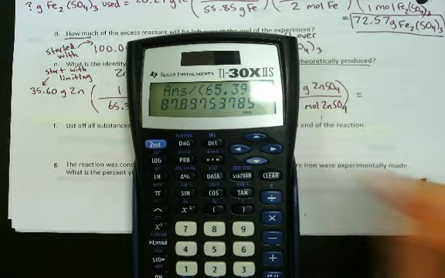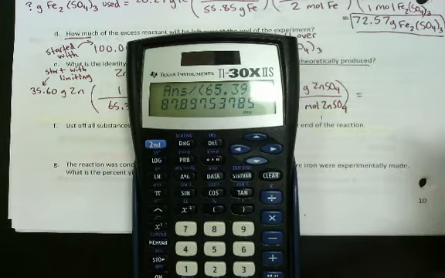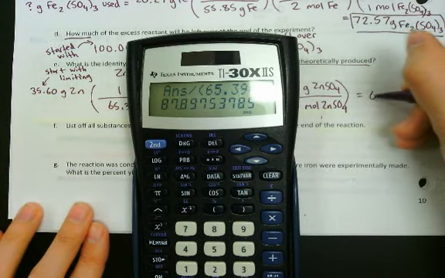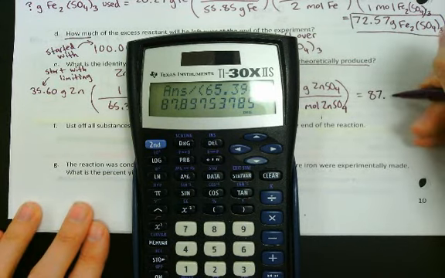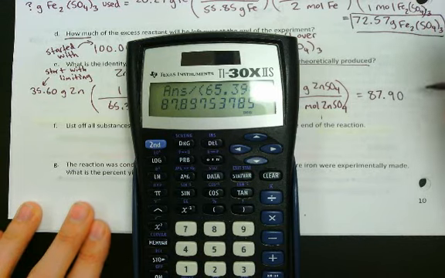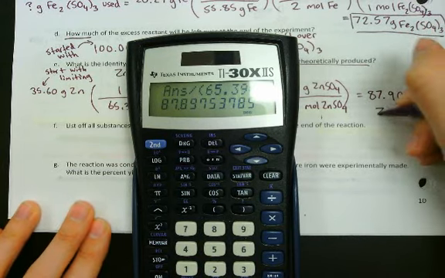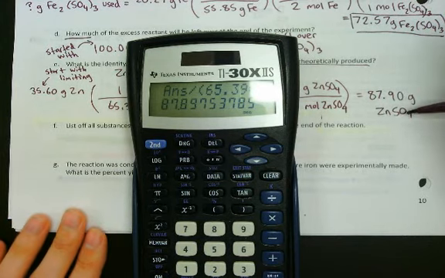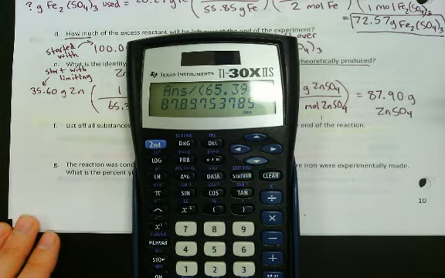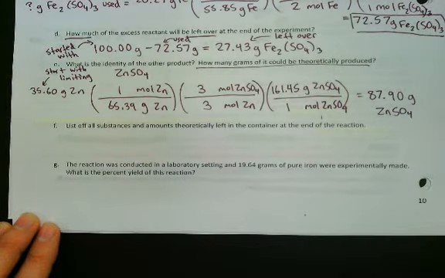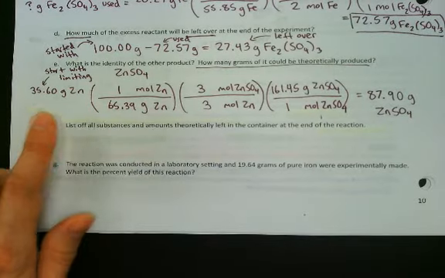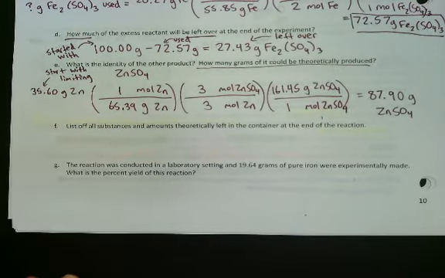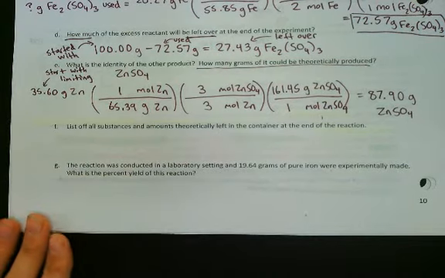So if we want to round this to 4 sig figs, and think about that in your head real quick. If you rounded it to 87.90, then you were correct. 87.90 grams of zinc sulfate is what we could theoretically produce, taking into account our limiting reactant. Okay? So we've answered both parts of that question.